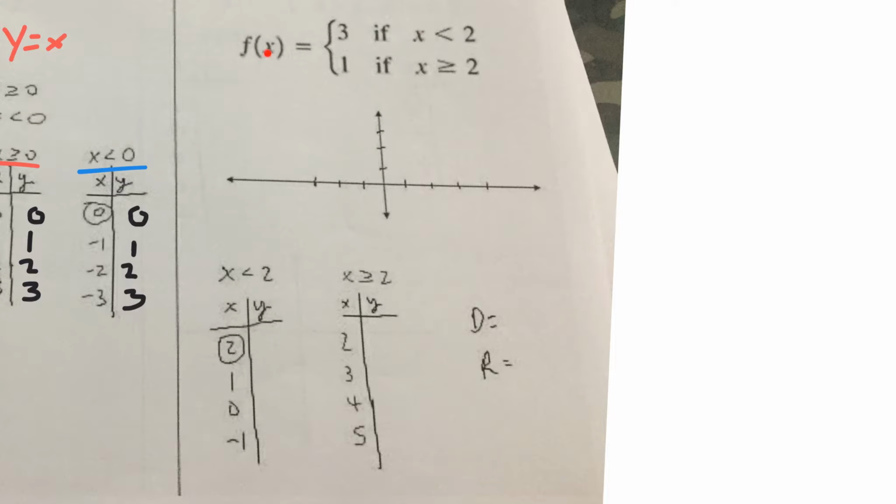So if I plugged in 1 for x, what is the y value? 3. What if I plugged in 0 for x? 3. There's nowhere to plug this x in. It is a horizontal line, right? F of x equals 3. That's y equals 3. It's just a horizontal line. And same idea, if I plugged in negative 1, I would get out 3.